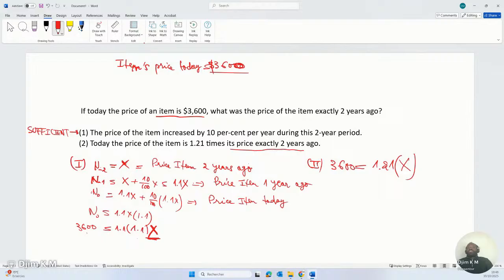We can call it x. So that's exactly what we are looking for, the price of the item exactly 2 years ago. And this one also we can find, as x is the only unknown value here. So x will be equal to 360 divided by 1.21. So the second condition alone is also sufficient.